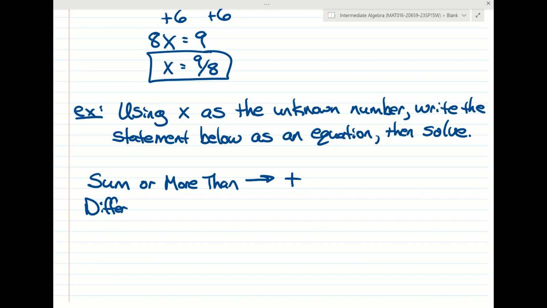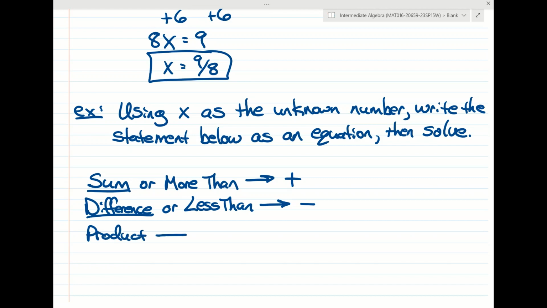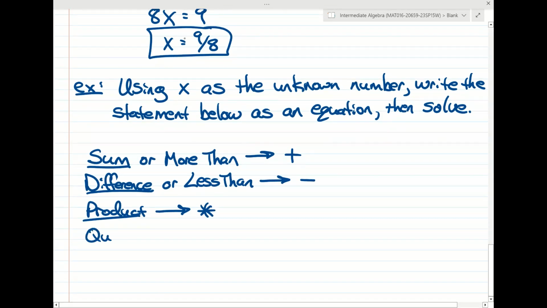The word difference or less than, this in math converts to a minus or a subtraction sign. A product is multiplication. And quotient is division.